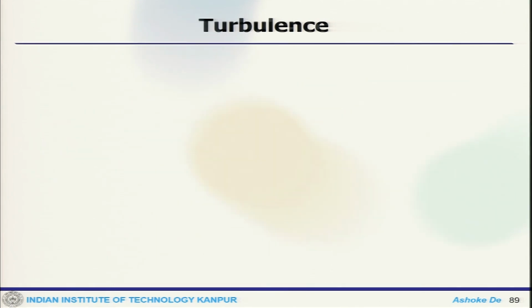Now, first thing is the order of magnitude analysis 1. We can see the different length scales of variations in the flow.